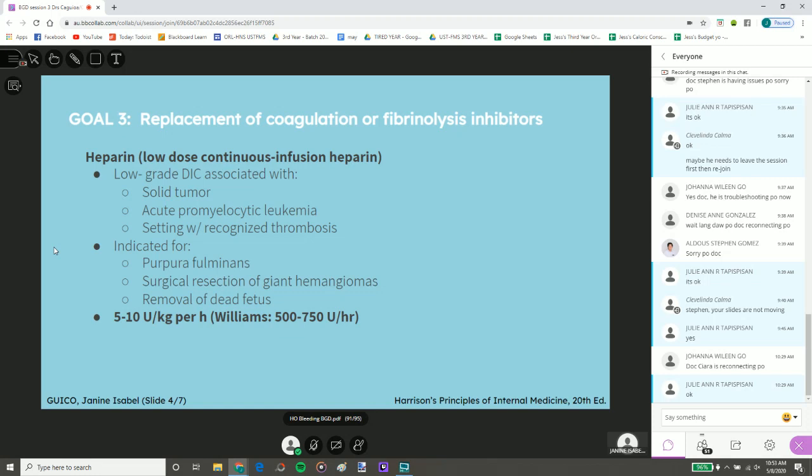It is also indicated for purpura fulminans, surgical resection of giant hemangiomas, and the removal of a dead fetus, with a dose of 5 to 10 units per kilogram per hour, or according to Williams, 500 to 750 units per hour. However, in cases of acute DIC, heparin aggravates the bleeding. Therefore, it is not recommended. And this is the case of our patient, so heparin is not recommended for him.